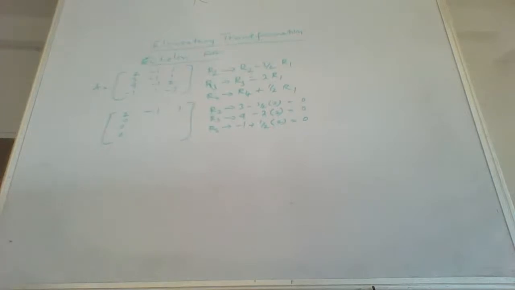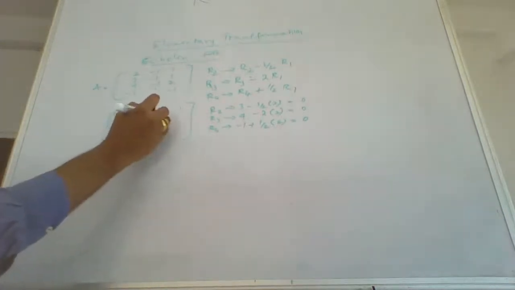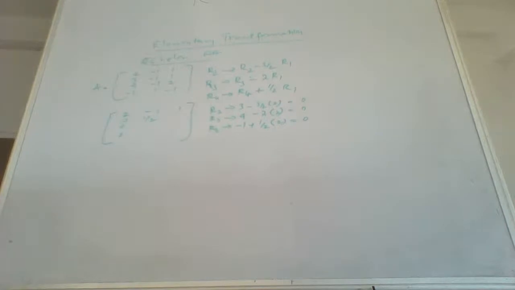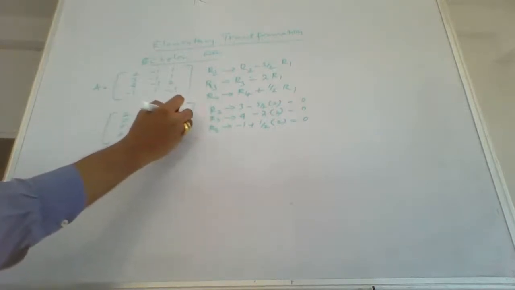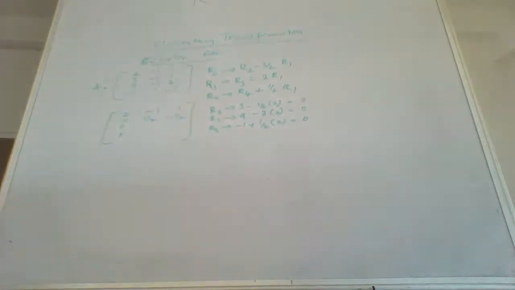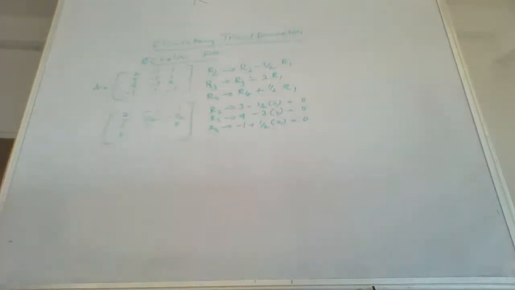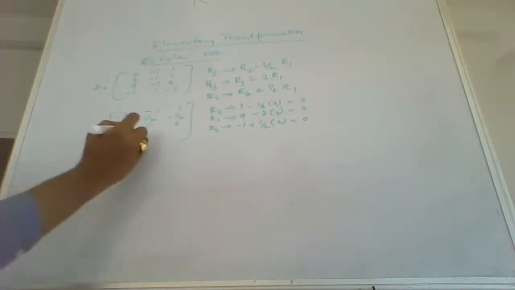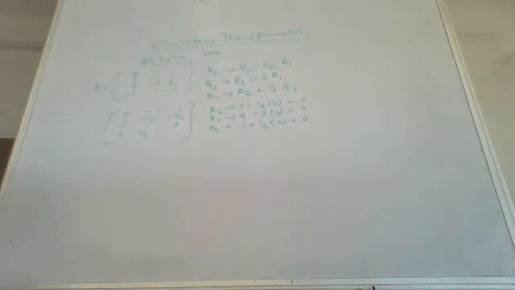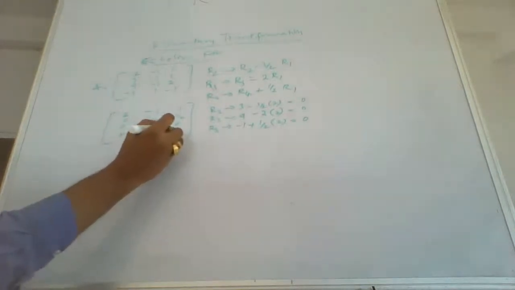Like that, I'll do it for each and every element in that matrix. So this results in 1 by 2. This results in 1 minus 1 by 2. So this results in 1, 0. And this results in 1 by 2. And this is minus 1 by 2.